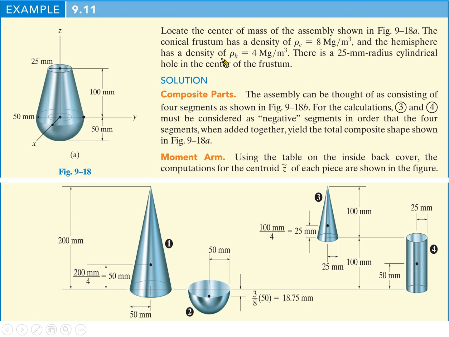We want to find the center of mass, and remember the conical frustum has a density rho c of 8 megagram per meter cubed, and the hemisphere has a density rho h, which is 4 megagram per meter cubed.